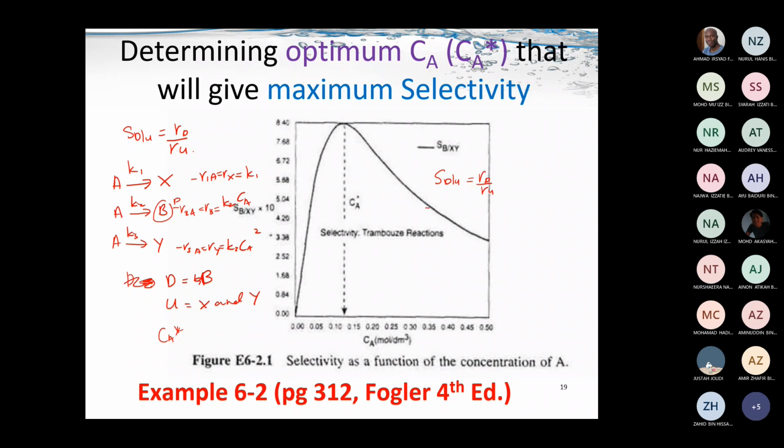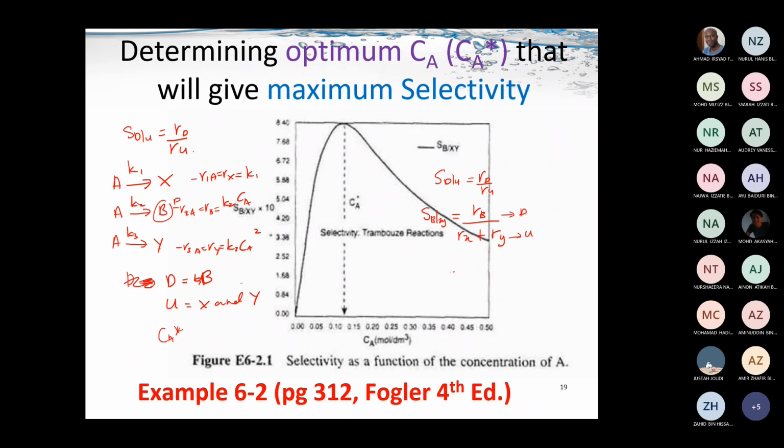Okay, sekarang ni kita guna term baru, SB over XY, B is the desired one, XY is undesired, undesired adalah compound X dengan Y. Okay, so this one is equals to RB over with the undesired, so Rx plus with the Ry. Okay, so remember this is the desired and this is undesired.